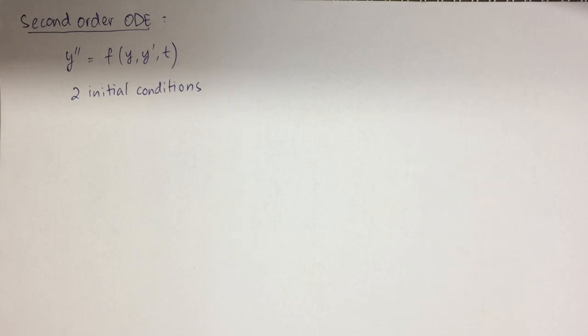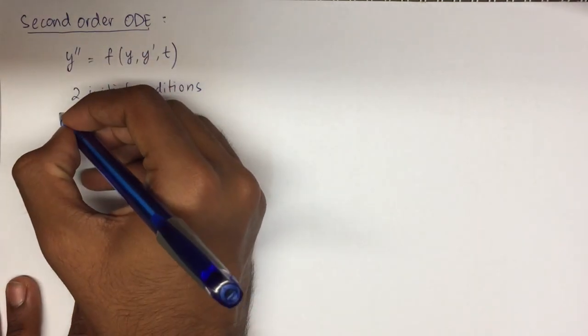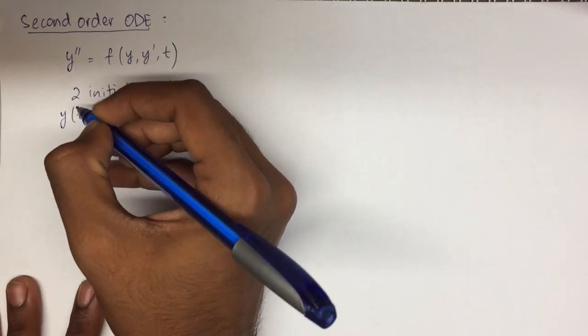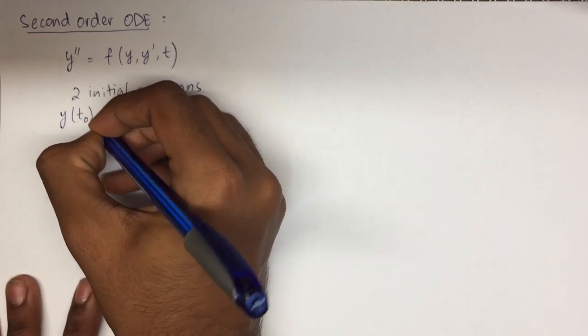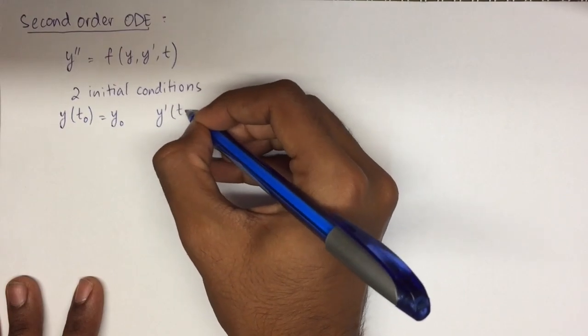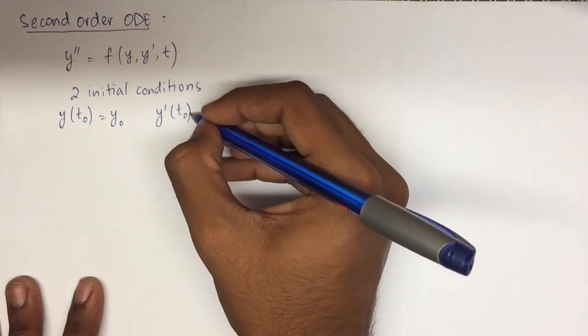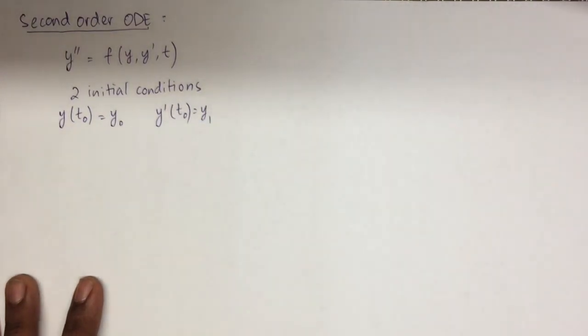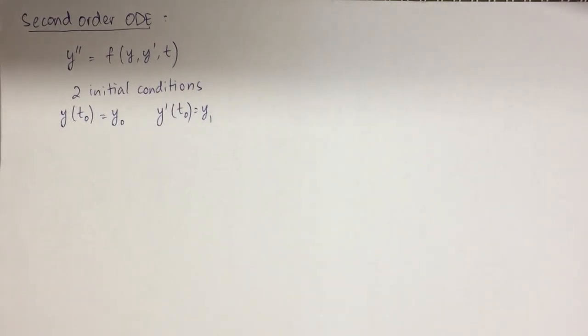The general forms of the 2 initial conditions can be something like y at t naught, or time t equal to 0, is y naught, and y prime at t naught would be y1. This is a very general form of initial conditions. It need not be these ones, but we'll just say that these are the common ones.